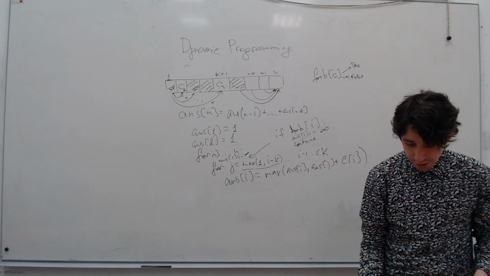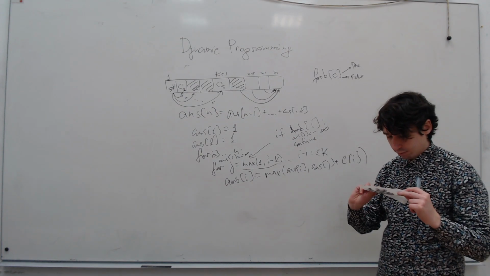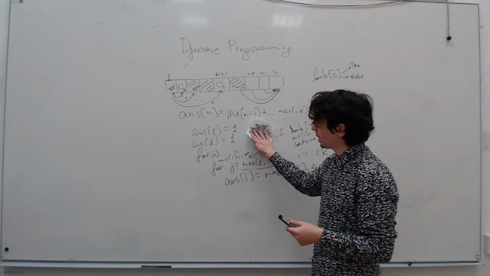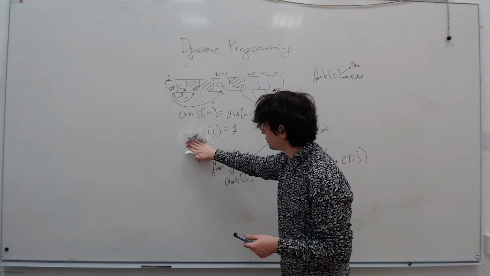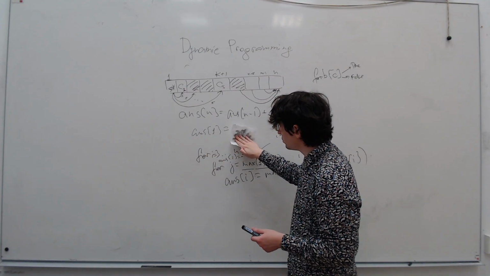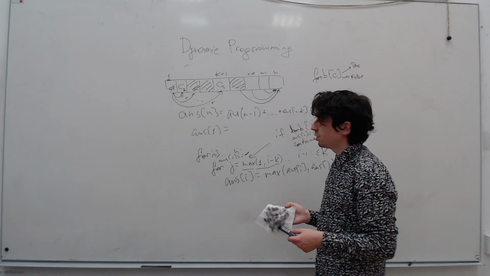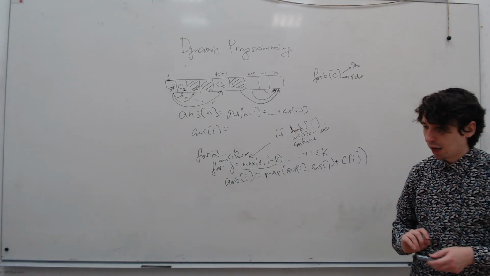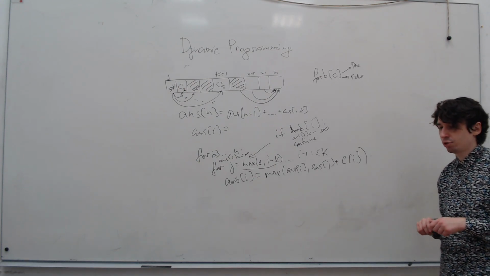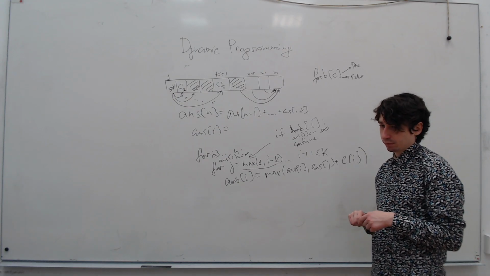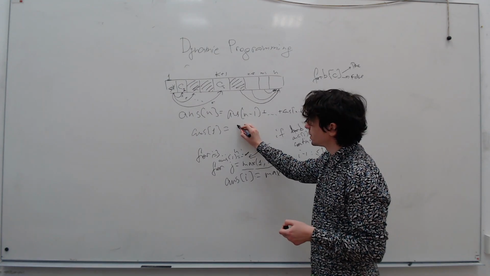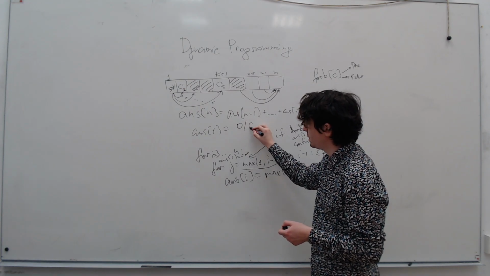Can you tell me what the base is? We want to know the answer for 1. How many coins do we get if we jump from position 1 to position 1? 0. Almost, yeah. It's either 0 or C1.